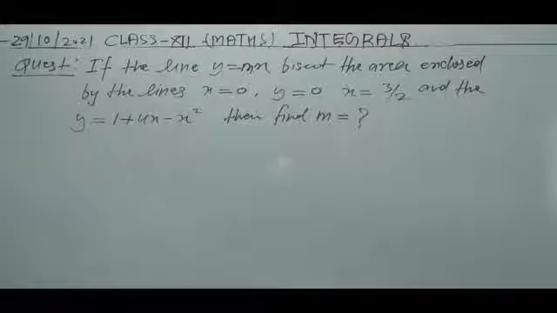So in this question we have to find out the value of m. First of all, I will read the question. If the line y is equal to mx bisects the area enclosed by the lines x is equal to 0, y is equal to 0, x is equal to 3 by 2, and y is equal to 1 plus 4x minus x square.